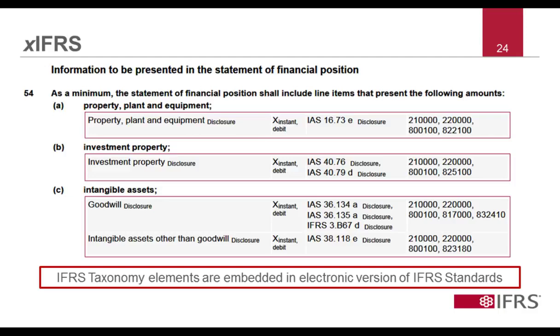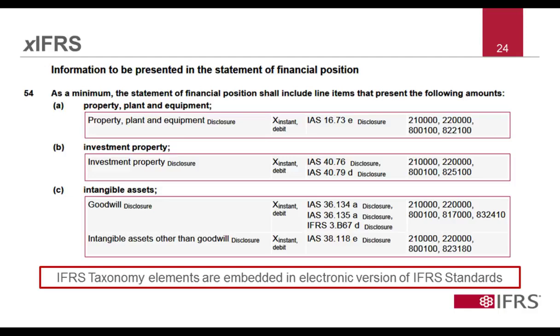The example that we are showing you today illustrates an extract from IAS 1, and it allows users to see the full set of elements available in the IFRS taxonomy to reflect the disclosure requirements for the particular paragraph or section, as you can see on the slide. We believe that this resource is especially useful for preparers of financial statements who would like to find elements based on the requirements used for disclosing information in the financial statements.